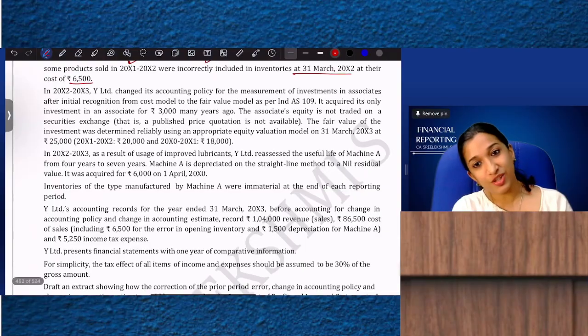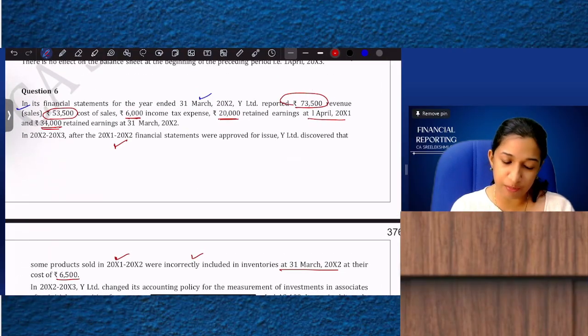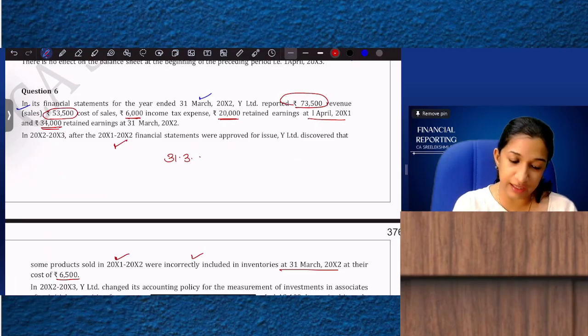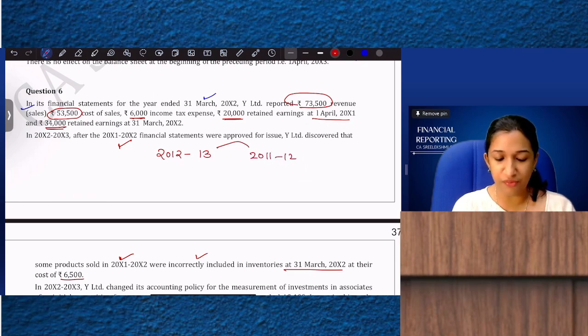Okay, we know the correction, that is, current year is 31st March 13, or 2012-13. So there is a correction in 2011-12. Nothing to be done on 1st April 2011.